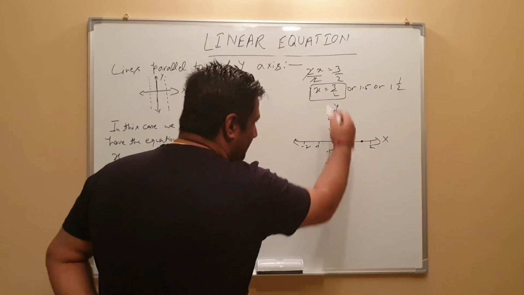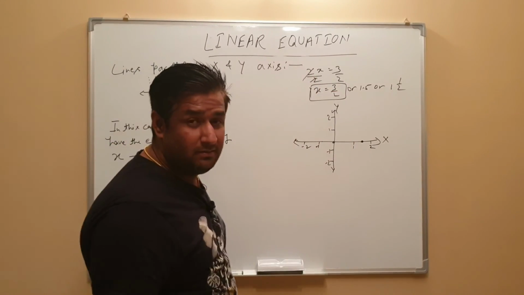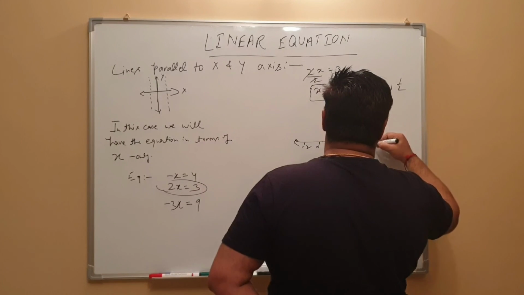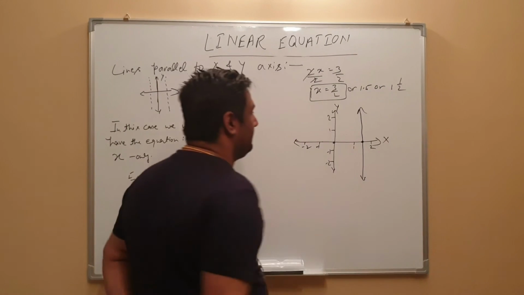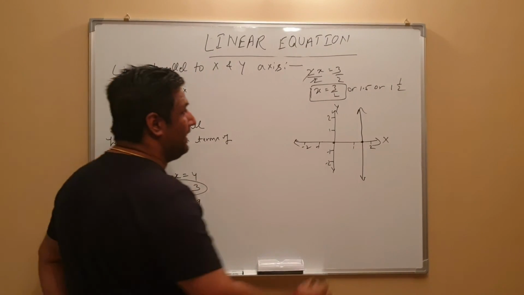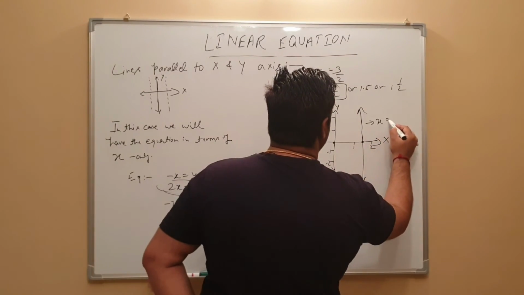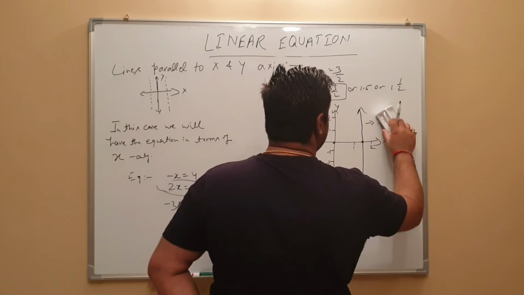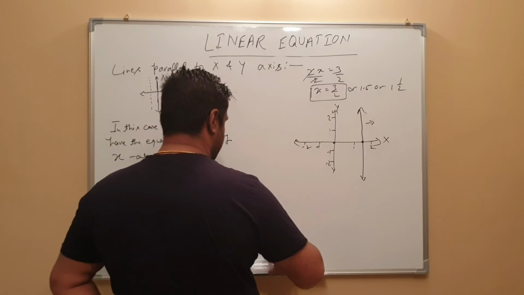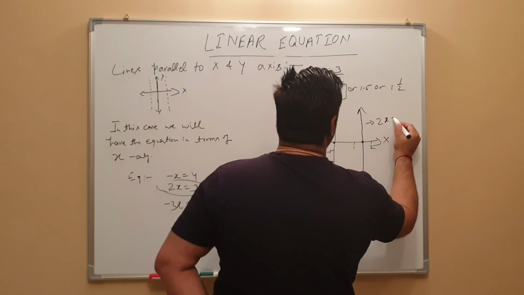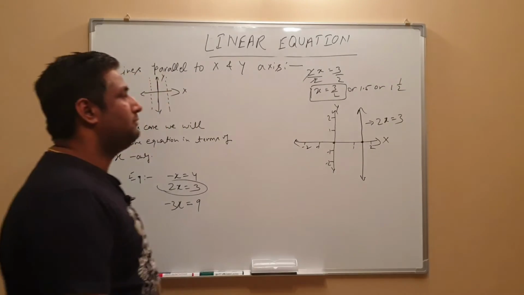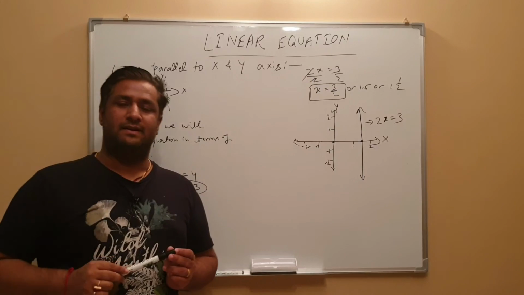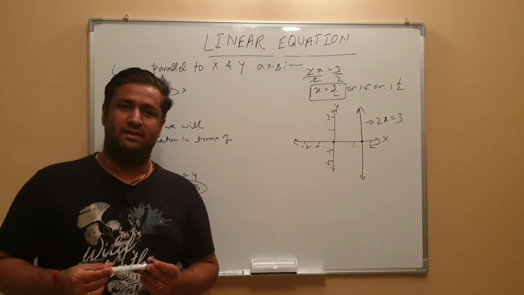If you take whatever value of y, the x value will remain 3 over 2 only. So you will get a graph something like this, correct? Which is parallel to the y-axis. So this is the graph of the line 2x equals 3.